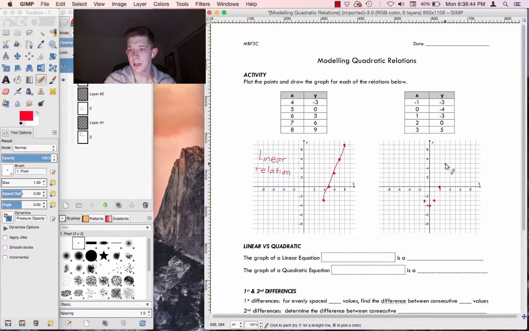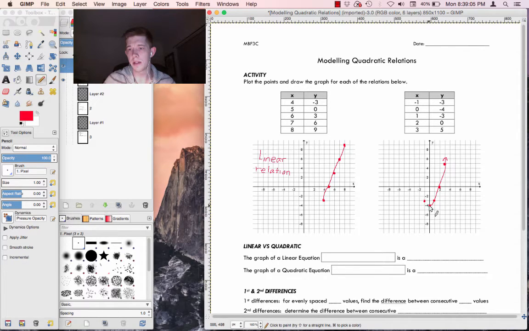So that's right here. And I notice right away that this doesn't quite look like a straight line. It looks more or less like a curved graph. So I'm going to try drawing a curved graph in here. So there's what it looks like on one side.